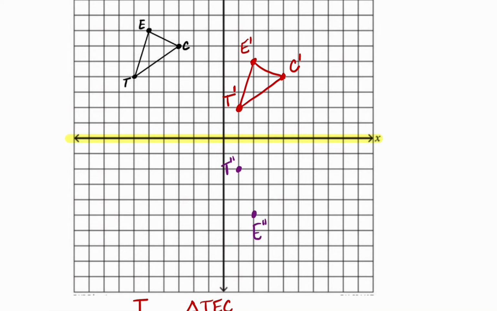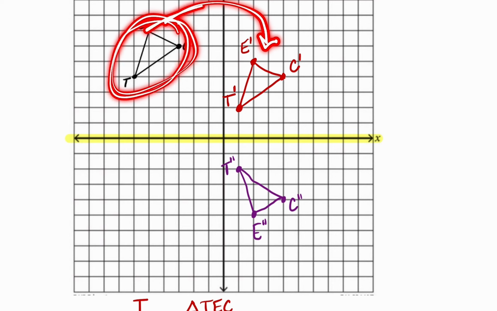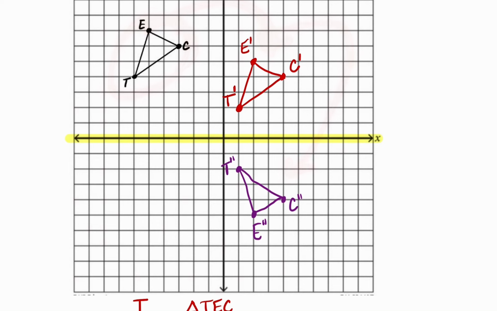And then same thing for C, so C is 4, so C double prime right there. So there's our triangle, okay? You are not reflecting this down here. This triangle is our preimage. We do not care about it once we have this one, because we're going from the preimage to the middle one, so our prime, to our double prime, okay?